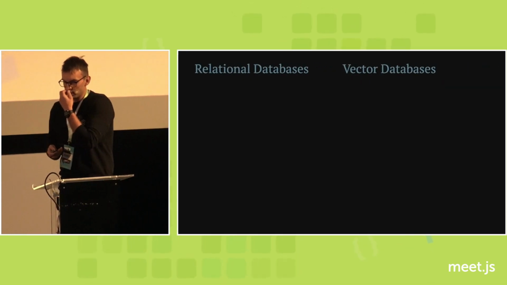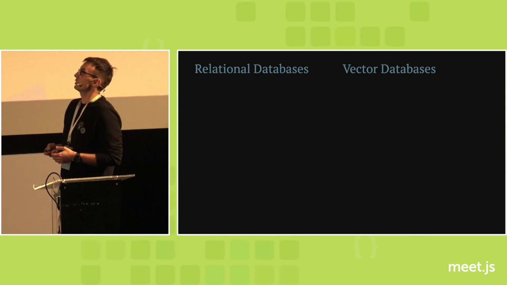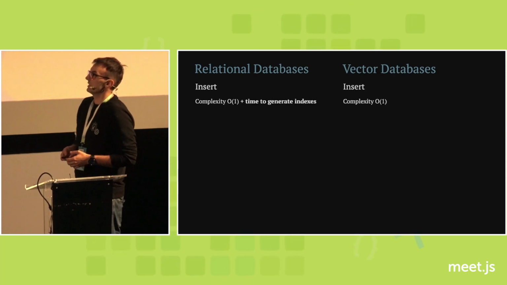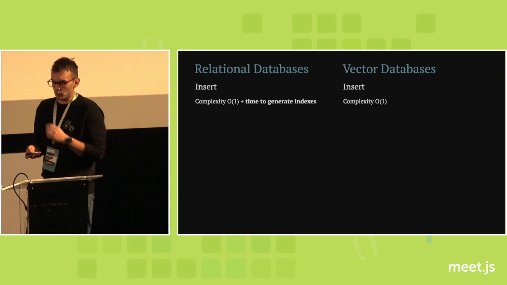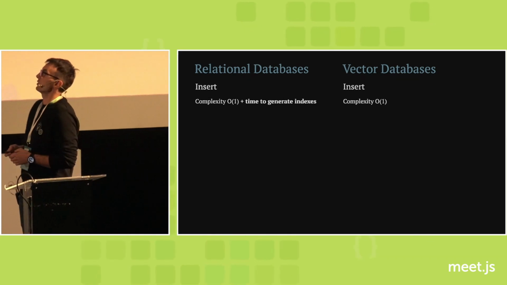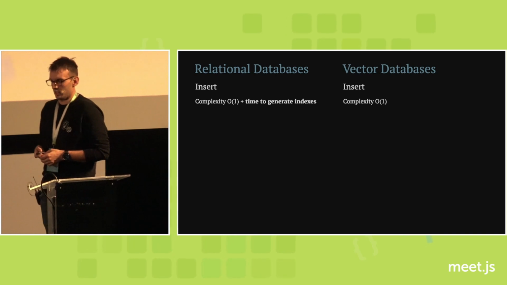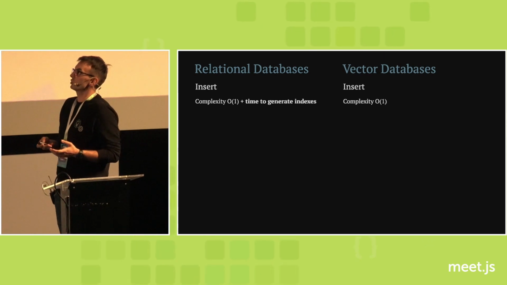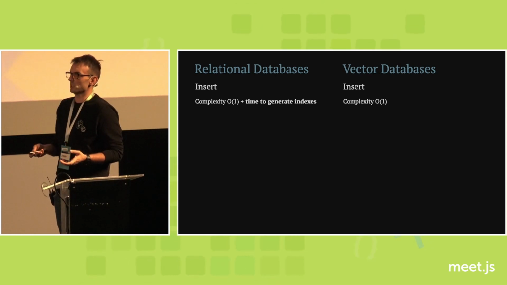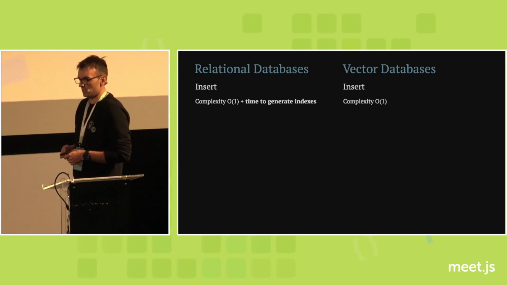So if you try to compare relational databases and vector databases, if you look into the complexity of the insert, both of these databases have the complexity which is described as O(1), which basically means that we have a constant time of adding an element.